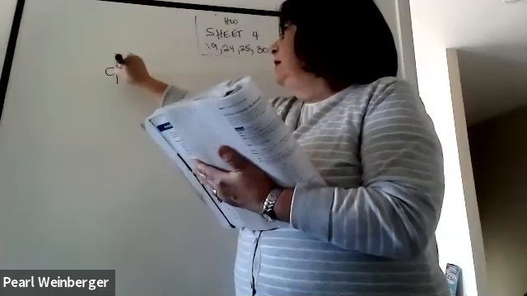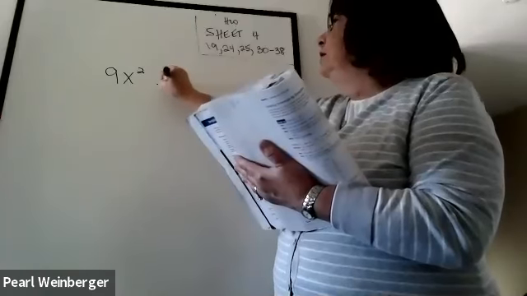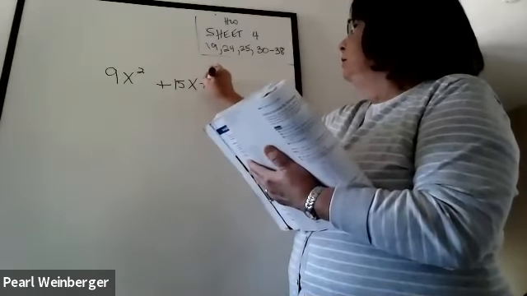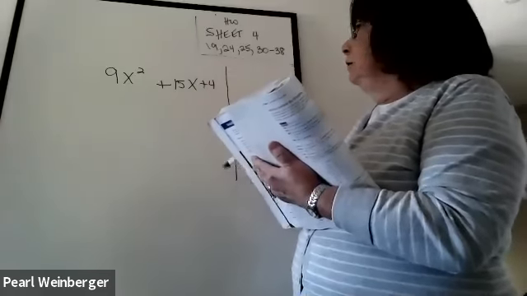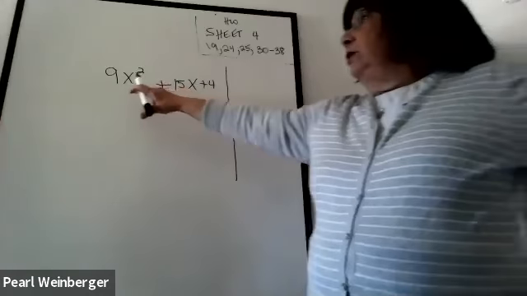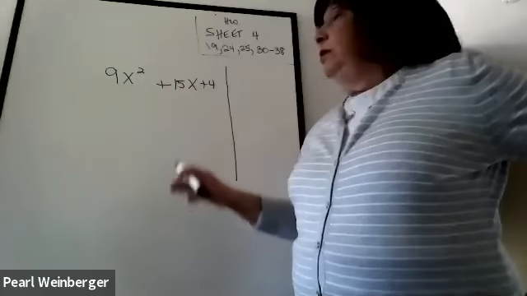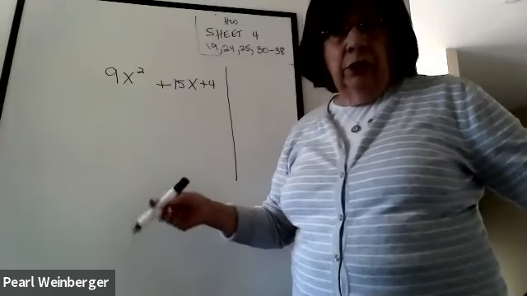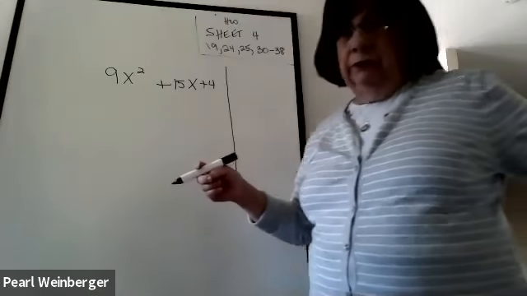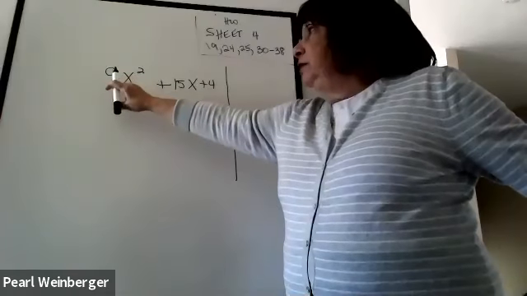Okay, we have 9x squared plus 15x plus 4. And again, I see a trinomial that I want to factor. I look at the terms, and there's no common factor, but there's a leading coefficient of 9. There's a number in front of that x squared. Okay, so I know I have to use the AC method.